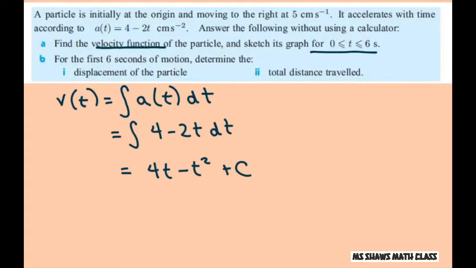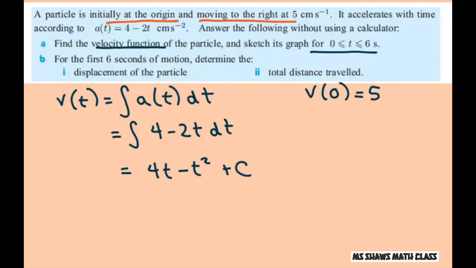Now, we have to find the C, but we're given that the particle is initially at the origin and moving to the right at 5. That means that v(0) equals 5.